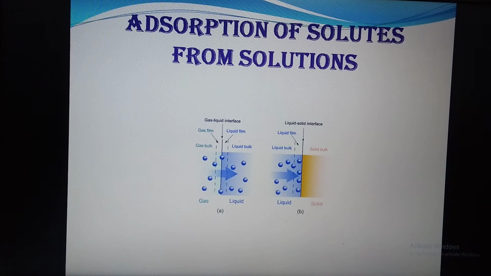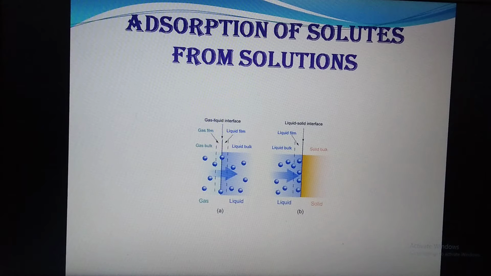Now in this chapter we are going to see adsorption of solutes from the solution. You should know what is meant by solute and solvent. For example, salt is a solute and water is a solvent. When we dissolve it, it forms a solution, salt water. Okay guys, let's move on.